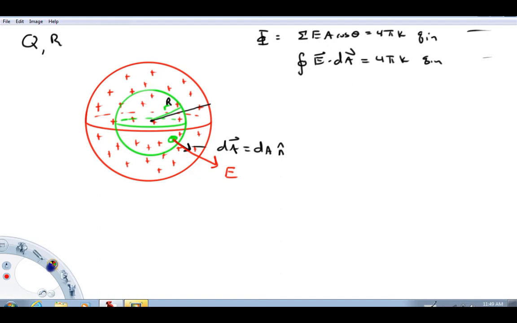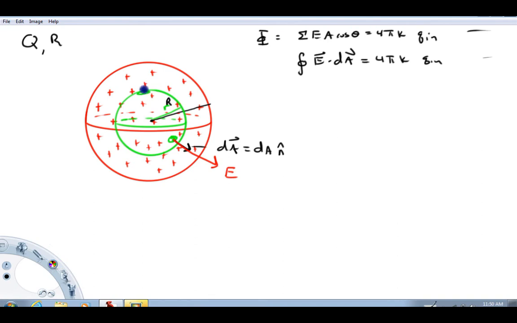If I were to look at an area somewhere else on this Gaussian surface, say right here, the normal vector would be this way, radially outward. The dA vector is in the same direction. Let me draw it the same length as before.